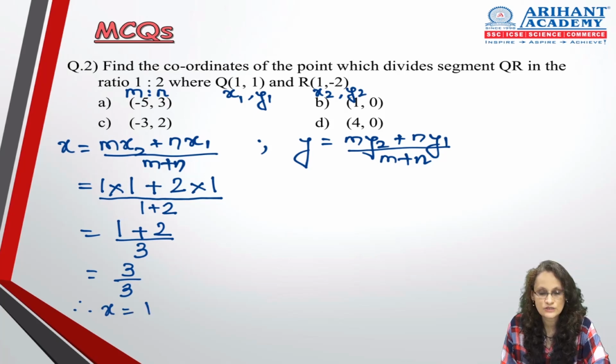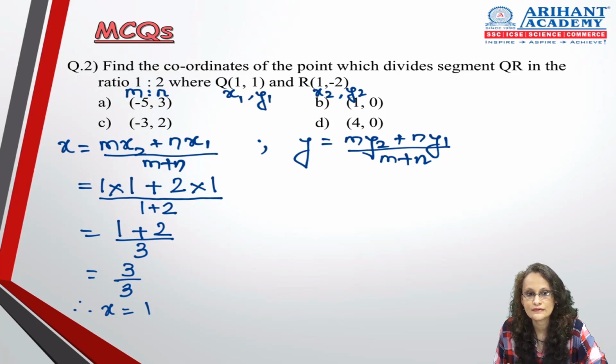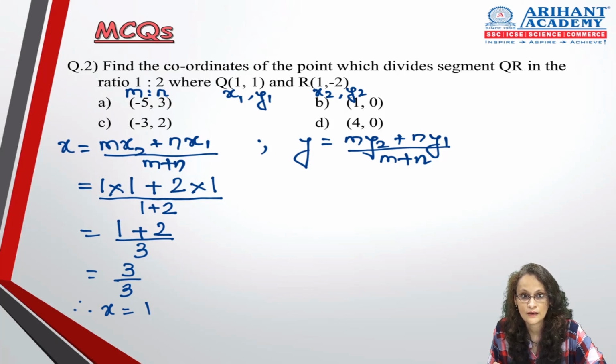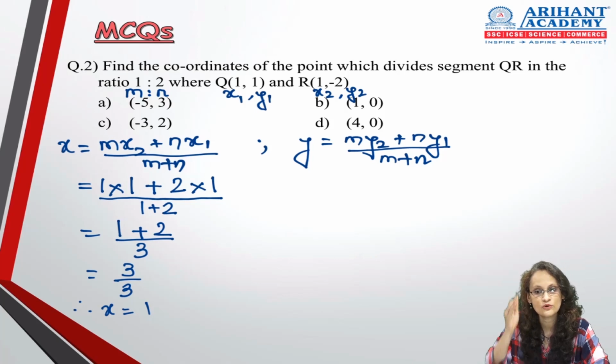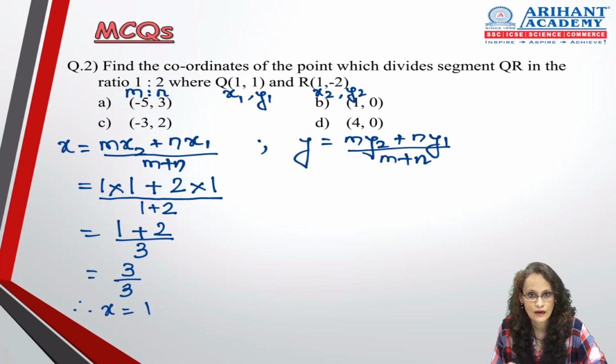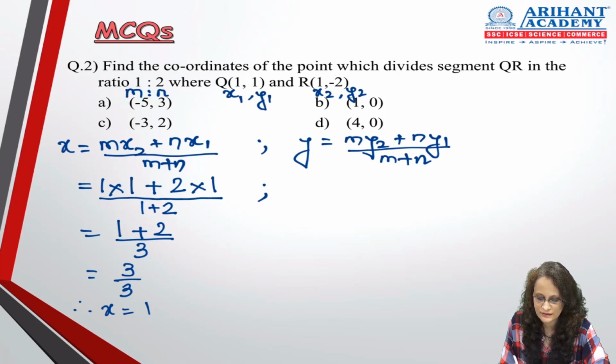So I know my x is going to be 1. So from these options, automatically you must have come to know, okay, probably B is going to be my option. Because in A, instead of x there is -5, but we have got x as 1, so obviously you have zeroed down on option B. Now let's calculate y as well to confirm. So here m is again 1 into y2 which is -2 plus n which is 2 into y1 which is 1.